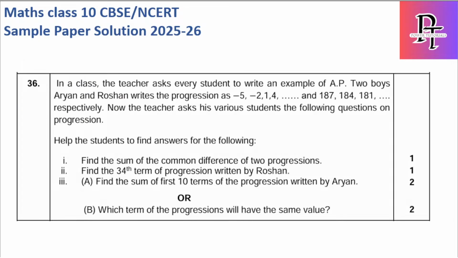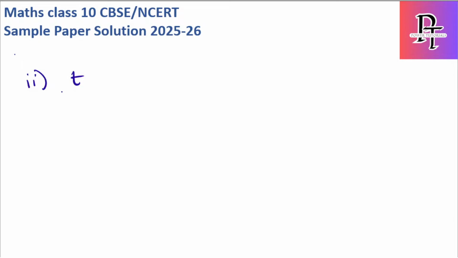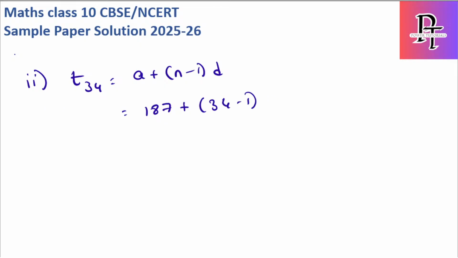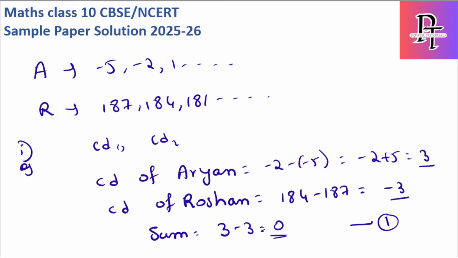Okay, so here they're asking the 34th term of Roshan. So it is T34 they're asking. So first write the formula. The formula is Tn equals a plus n minus 1 into d, and for Roshan the first term is 187 plus 34th term, so the n value is 34 here, and d is the common difference, which we already found for Roshan, it is -3.